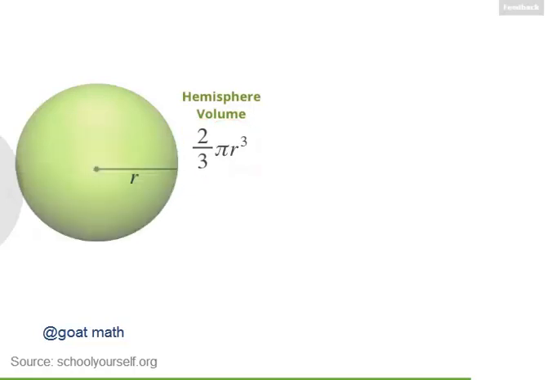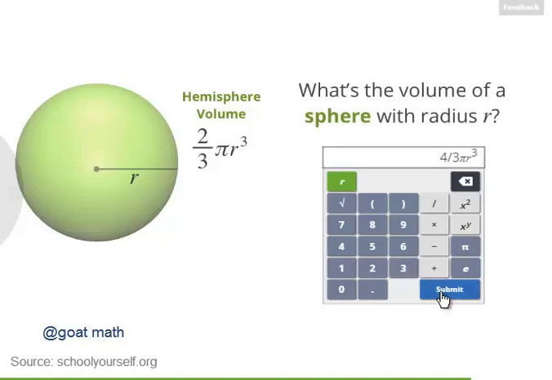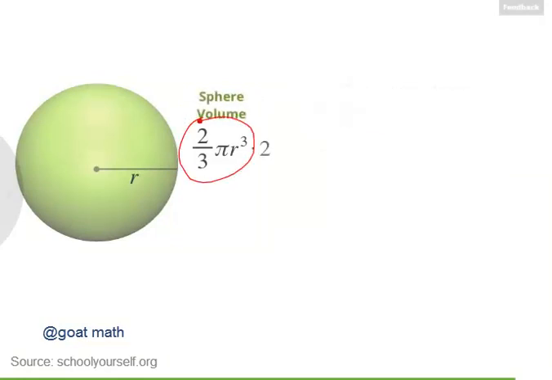And now, finally, what's the volume of the entire sphere with radius r? Brilliant! Yes, the entire sphere has twice the volume of the hemisphere, so we can multiply this formula by 2. Let's move the 2 into this expression by combining it with this 2 in the numerator to get 4. And so the volume of a sphere with radius r is 4/3 pi r cubed.